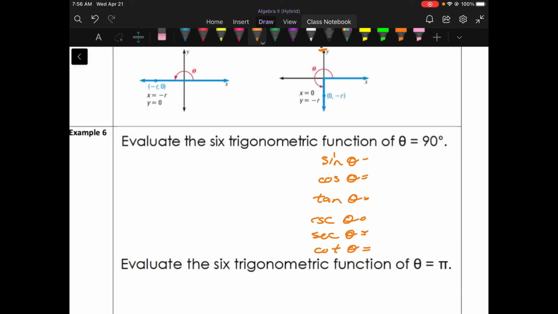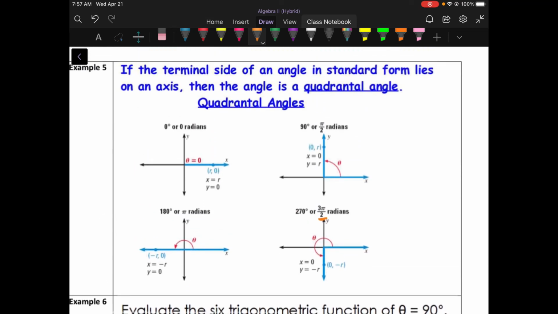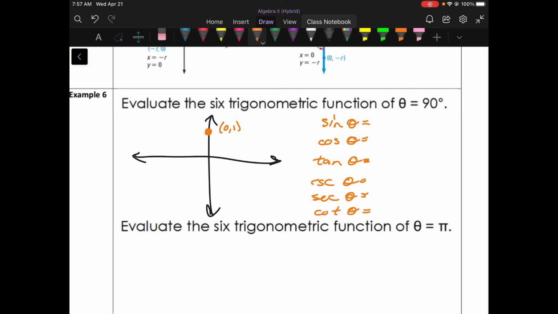And, if you want, you can certainly draw this out quickly. So 90 degrees puts me up here. The coordinate point would be 0, 1. So we went from here all the way up here.